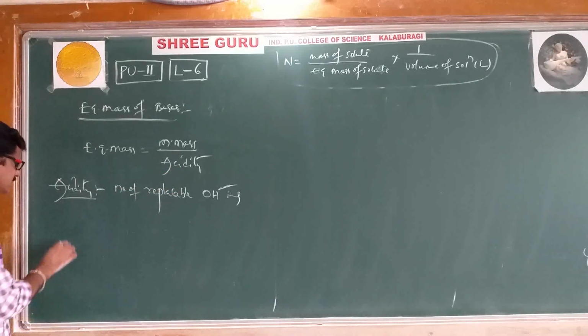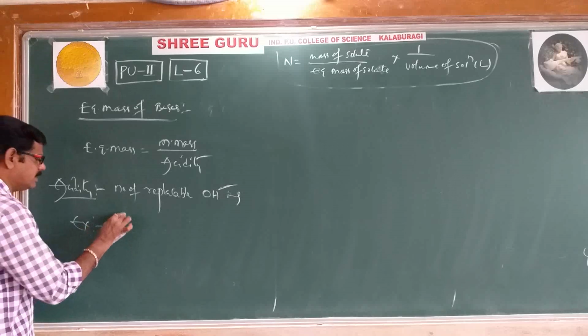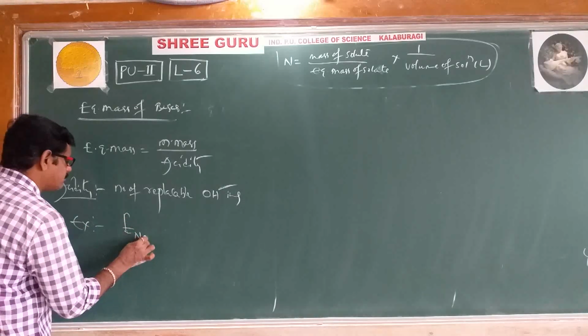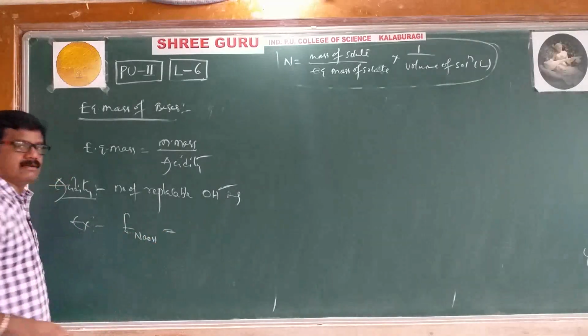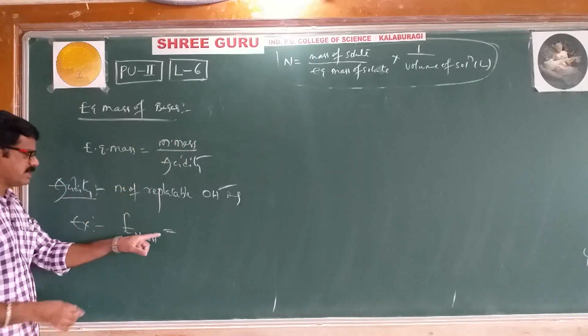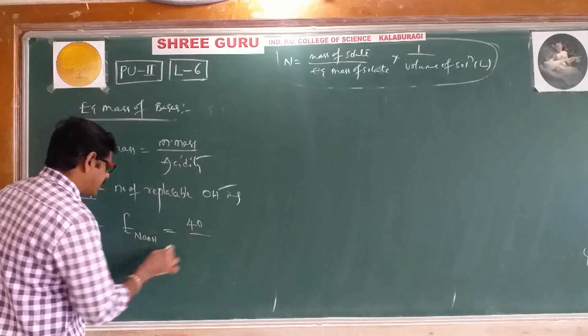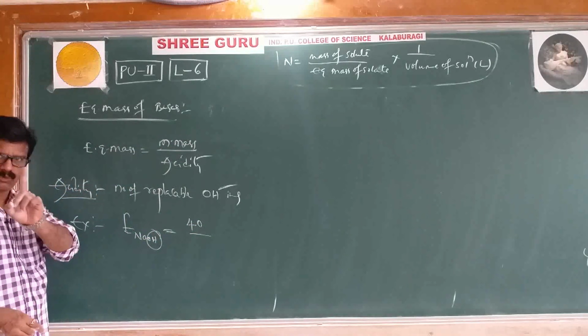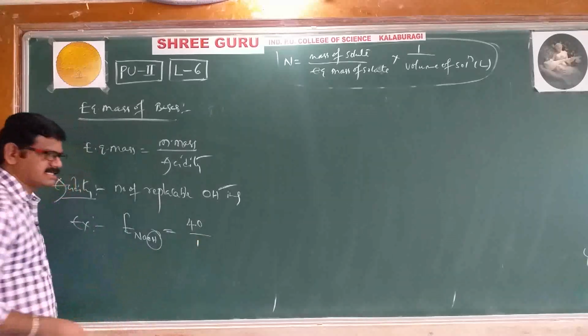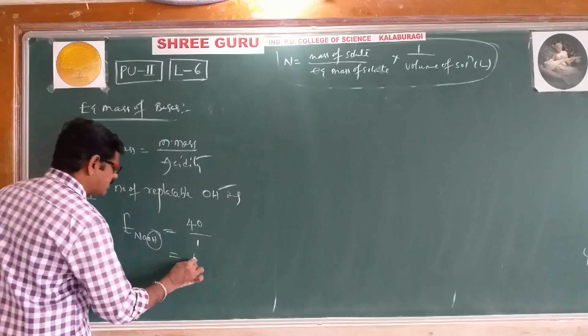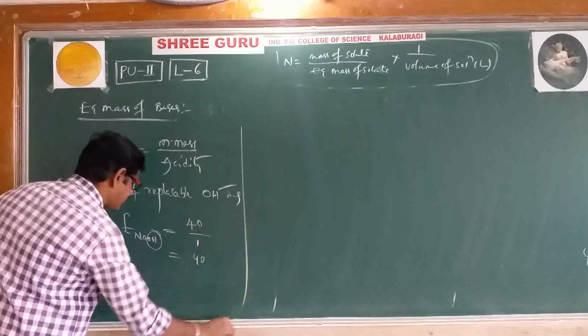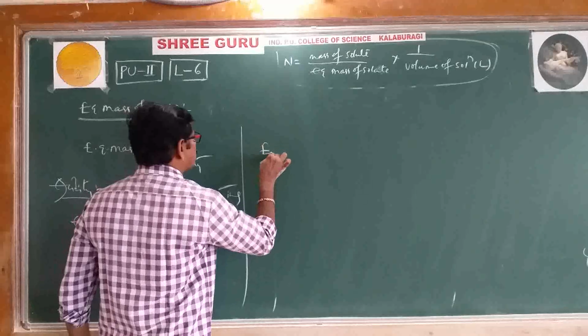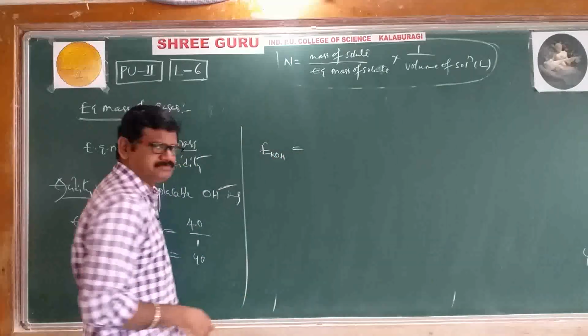Now we'll take some examples. Equivalent mass of sodium hydroxide. What is the formula? Molar mass, molecular mass, of sodium hydroxide is 40, divided by number of displaceable OH- ions, which is just 1. Therefore, its value is 40. Again, equivalent mass of potassium hydroxide.